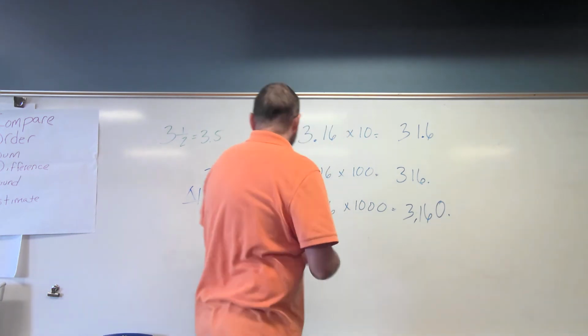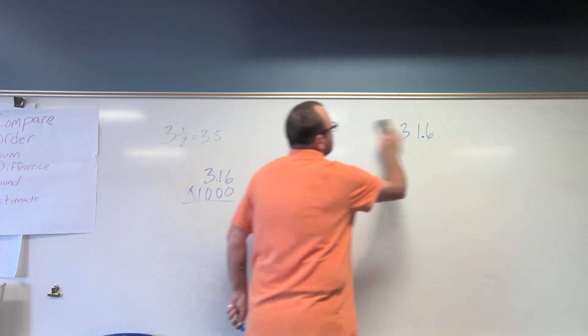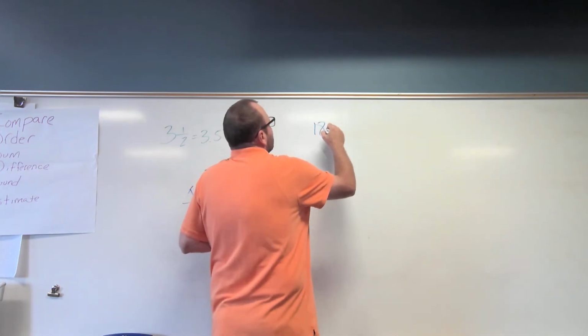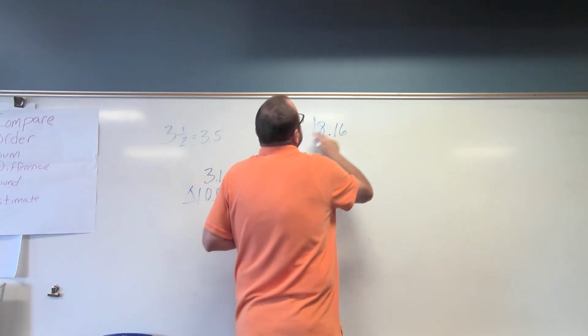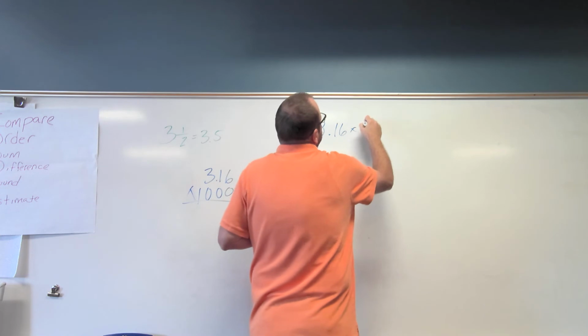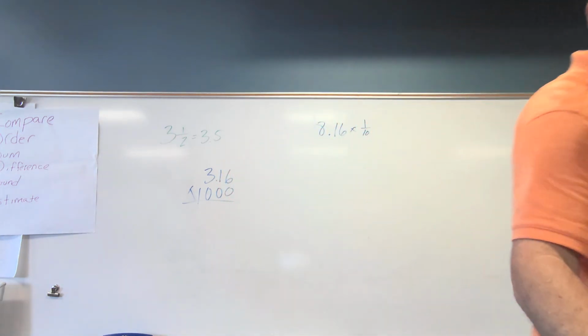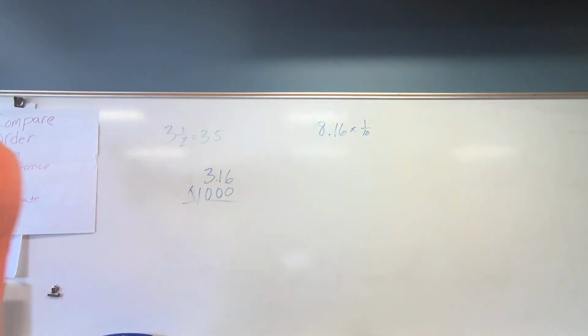Now, why did that crazy teacher ask about multiplying by something less than 1? Because if I multiplied, let's do 8 and 16 hundredths times 1/10. Mason, is 1/10 less than, greater than, or equal to 1? Less than 1.